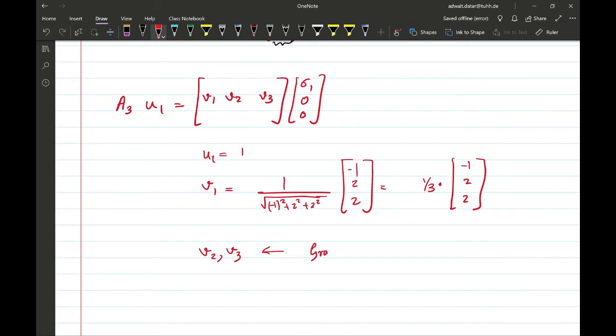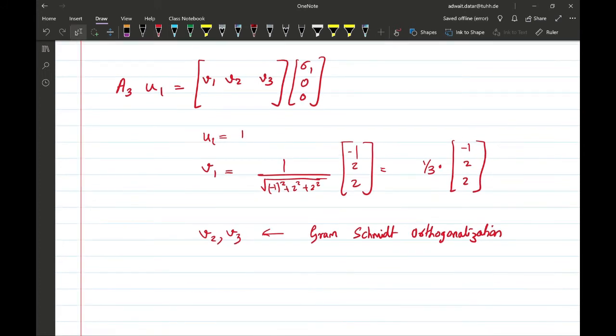For example, we could use Gram-Schmidt orthogonalization to compute them. Now what remains is to compute sigma 1.